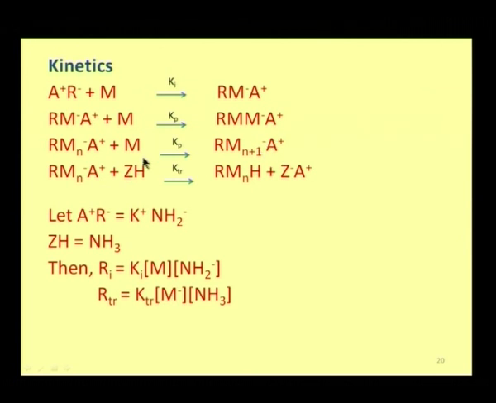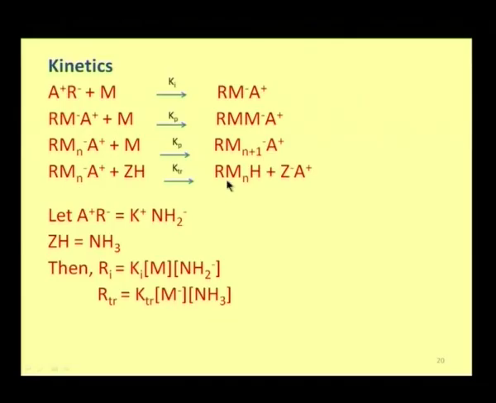When this meets a hydrogen active compound like ZH, termination occurs. The terminated product is denoted by RMnH plus Z minus A plus. The counter ion position changes.